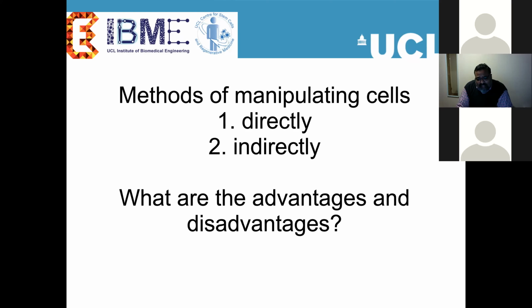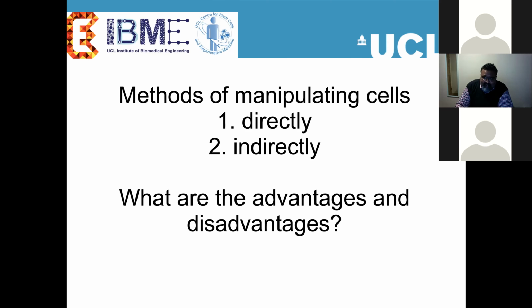Indirect methods are where, for example, you can stamp a structure, like stamping the word confidential on your letterheads, and then the print of confidential is printed with proteins. And then when you expose that to cells, the cells will seed onto the word confidential. Then, layer by layer, you build it up.